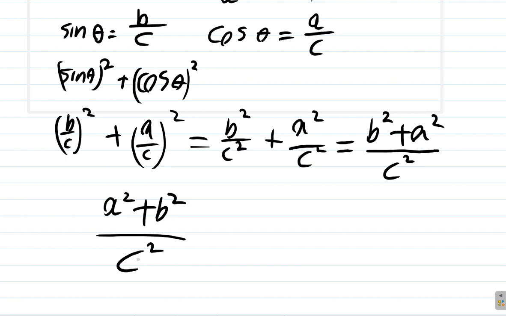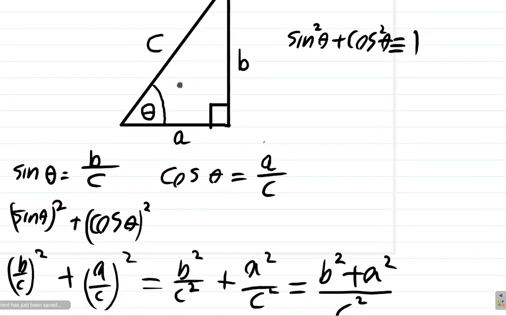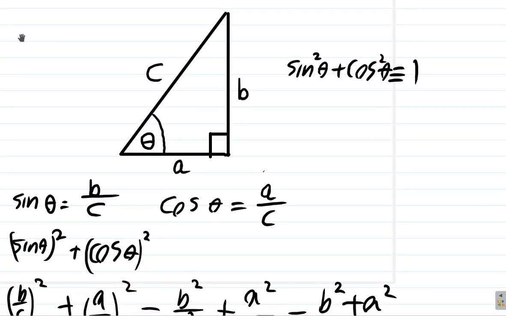What does that give you? A squared plus b squared is what? Let's look back at the triangle here. If you use Pythagoras to solve this, Pythagoras theorem says the hypotenuse squared is one of the other sides squared plus the next side squared.